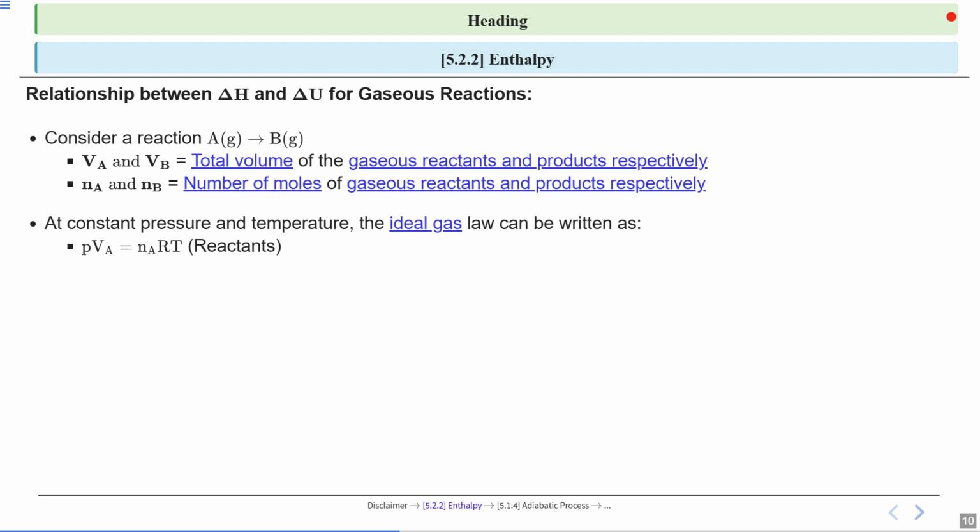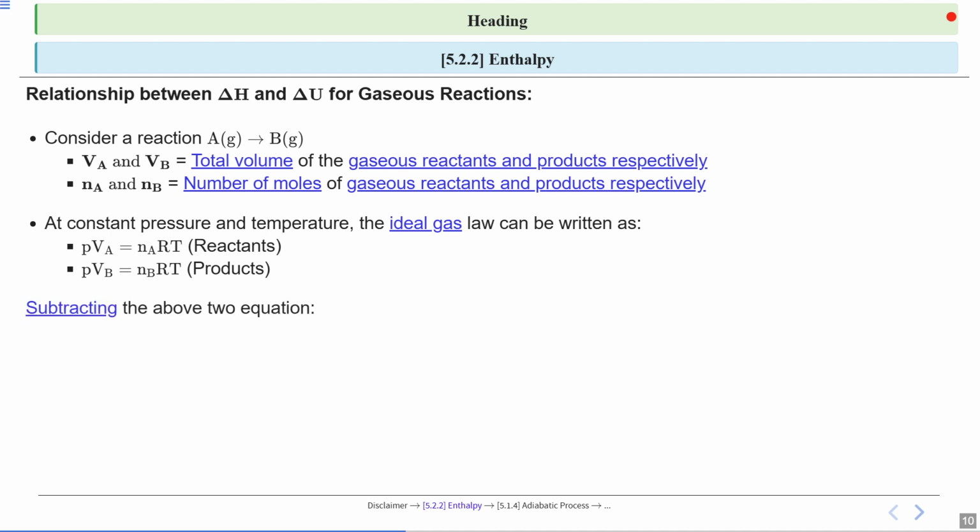Temperature will also be constant and R is already a constant. What can be the second situation? It can be PVB, which is the volume of the product, equals NBRT. So these are the applications of the gas law onto the reactants and products.